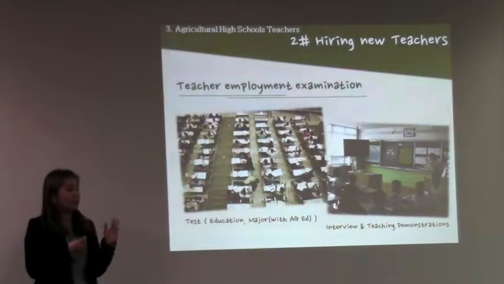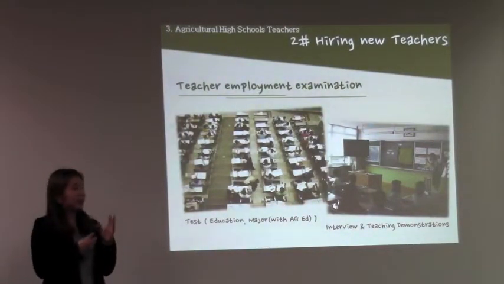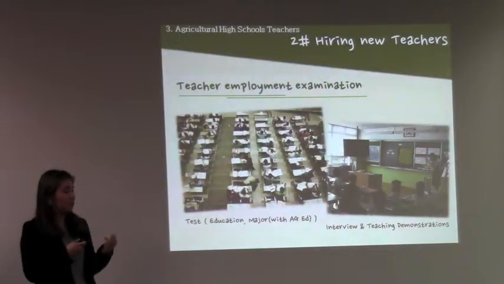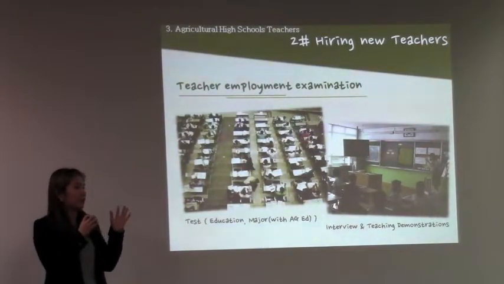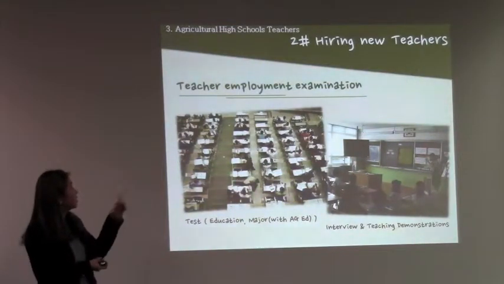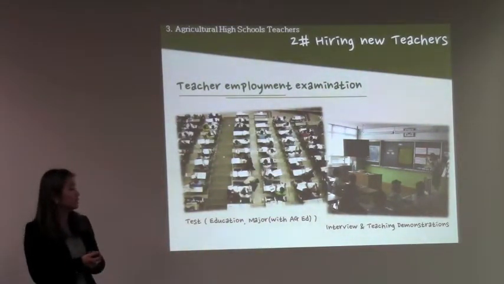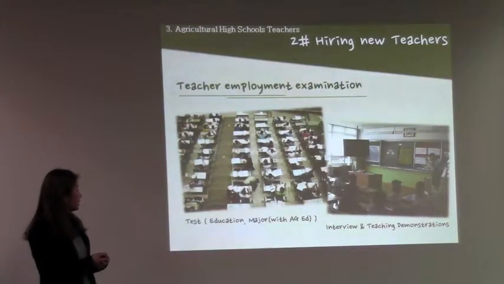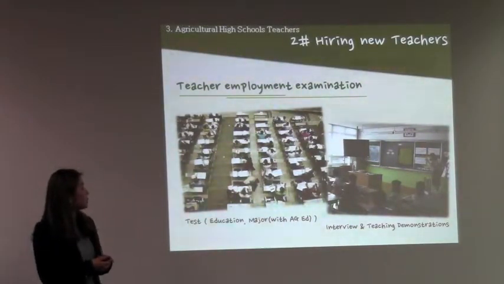After they get the certificate, if they want to be hired by agricultural high schools, they have to take the teacher employment examination. It consists of tests about education and major, and an interview and teaching demonstration.